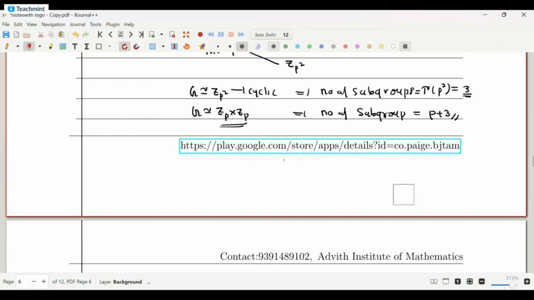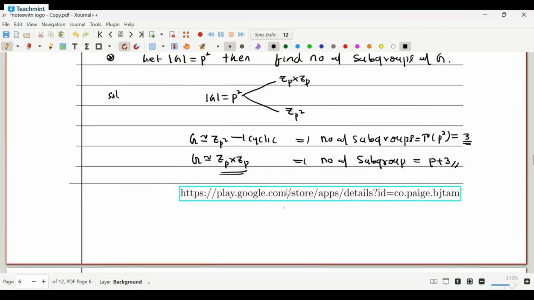We have already discussed this, so I am skipping the direct formula here. All group structures of order p squared should be of this form. The number of subgroups of order p is p plus 1. Also, the number of elements of order p is p minus 1 plus p minus 1 plus p minus 1 into p minus 1.